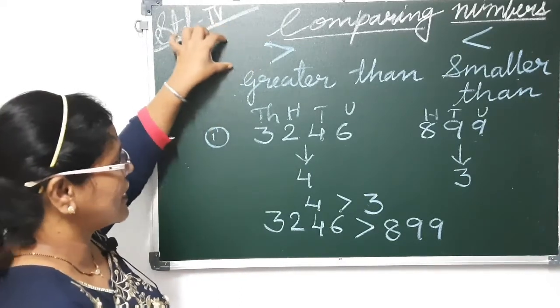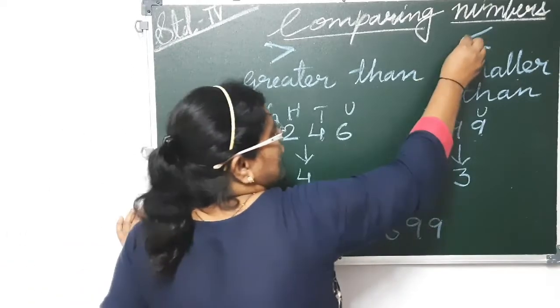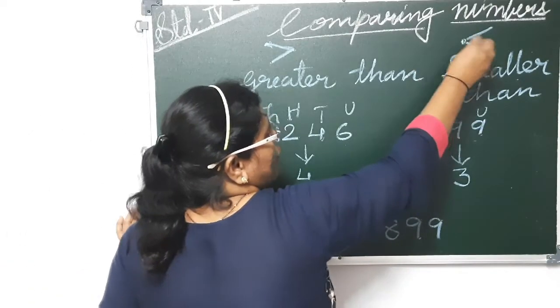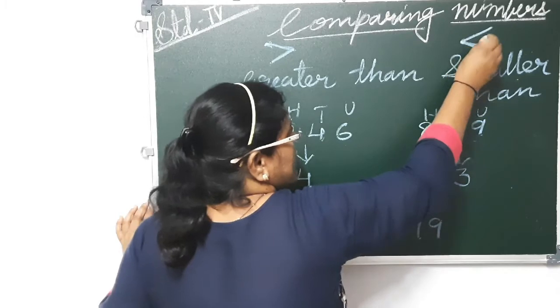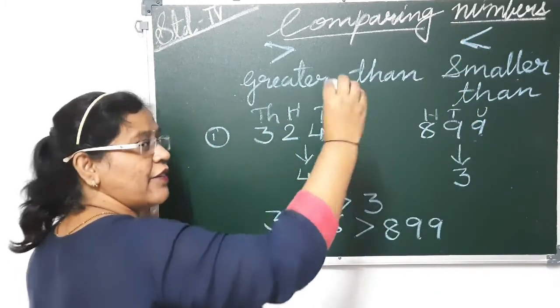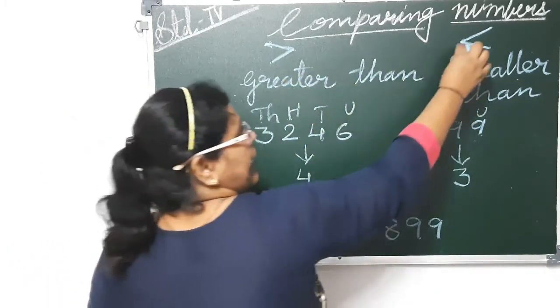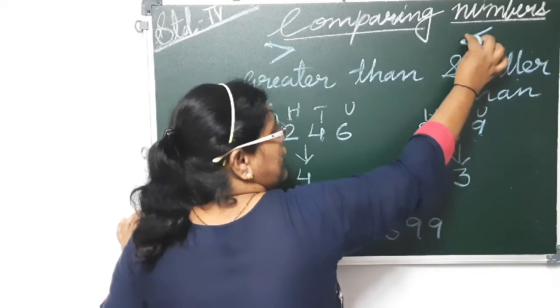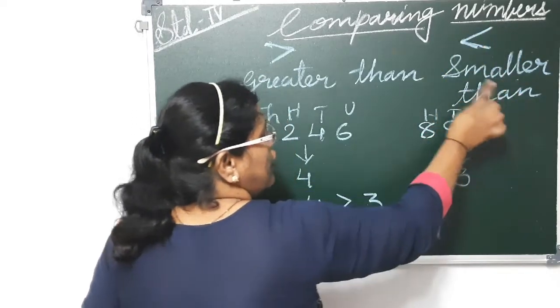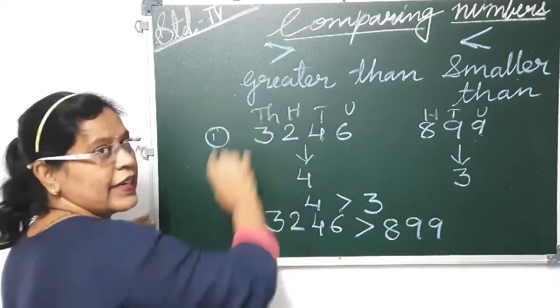The greater sign is this side, and smaller is this side. Here there is only 1 point. So the side which has a smaller end, this sign is a smaller sign and this sign is a greater sign.